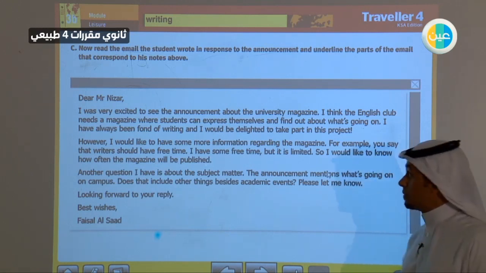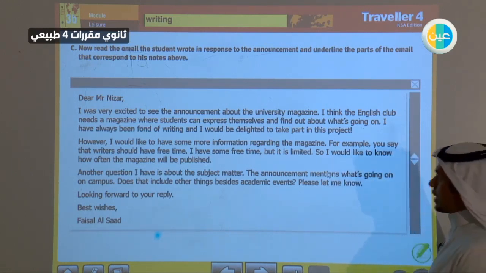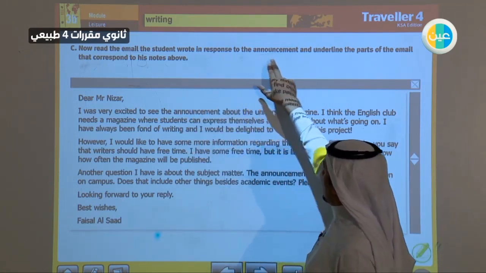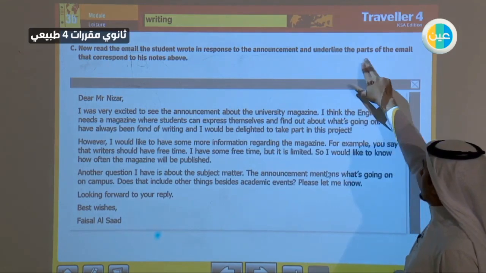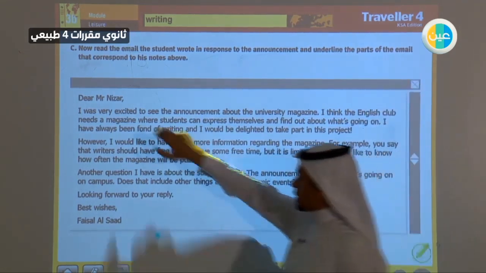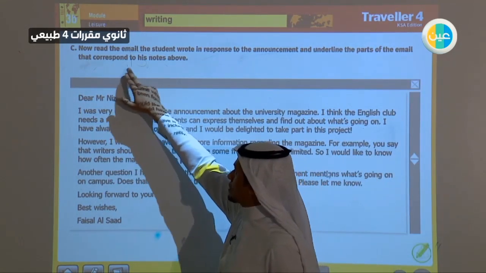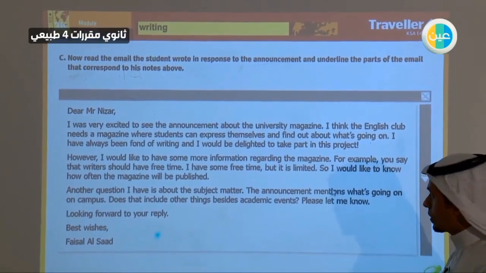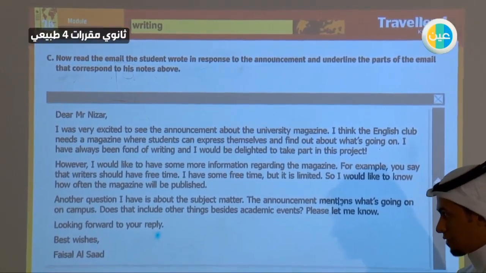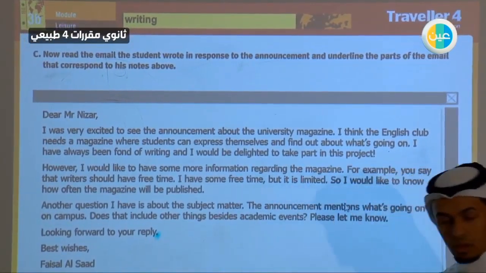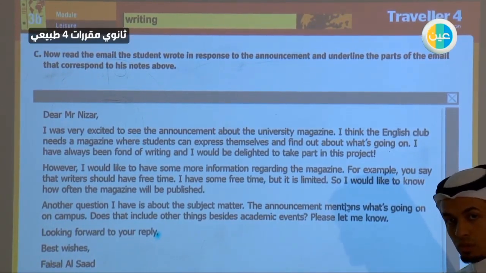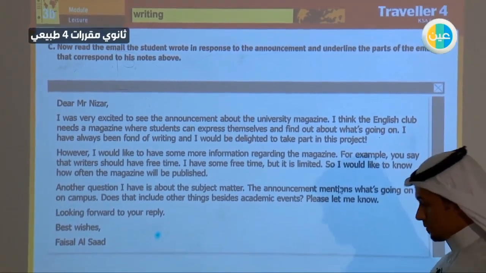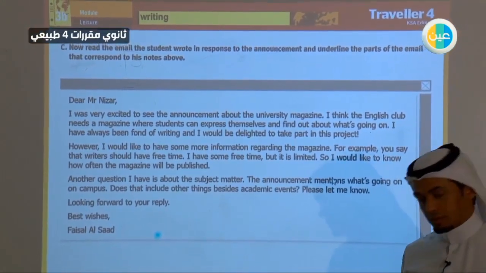Now read the email the student wrote in response to the announcement and underline the parts of the email that correspond to his notes above. Now, after Faisal has read the poster posted on the notice board, he wrote this email. Let's read it together.